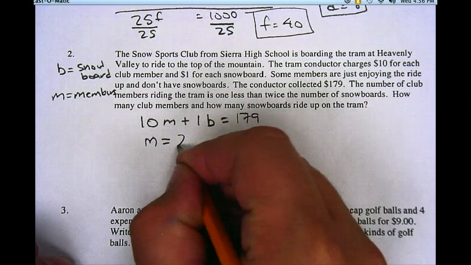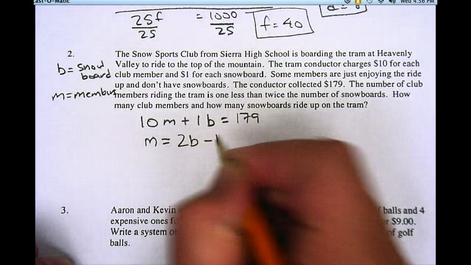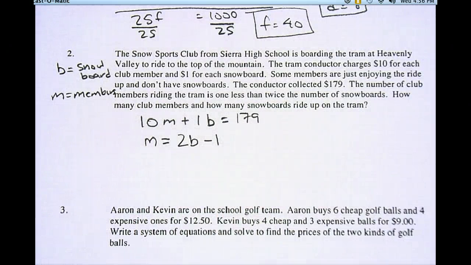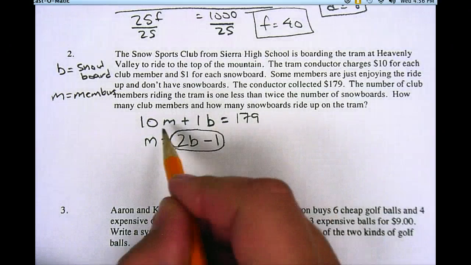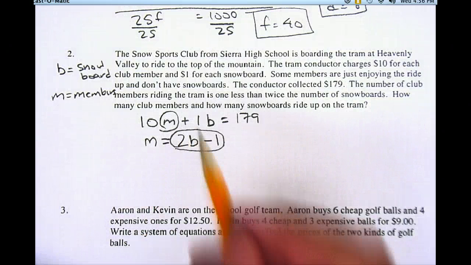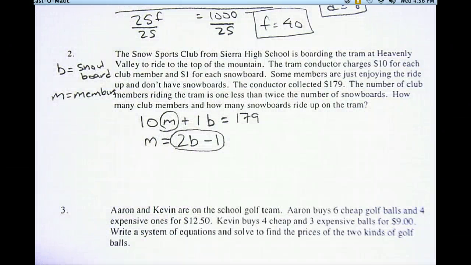So I multiply my snowboards by 2 and minus 1. So now I have two equations for a system of equations, and this one sets up perfectly for substitution. Because I know that M is the same thing as 2B minus 1, I'm going to replace that M with 2B minus 1 and solve the problem.